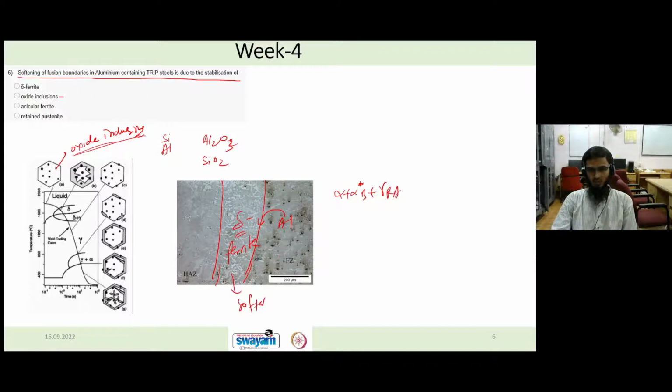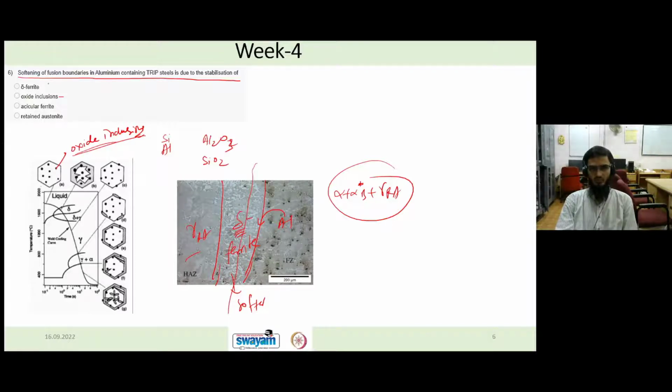So on one side, let's say in the HAZ, you have phases like retained austenite, and on the other side you have delta ferrite. Due to that, stress partitioning will be happening, and it may be possible that the failure will happen here in the softer region.